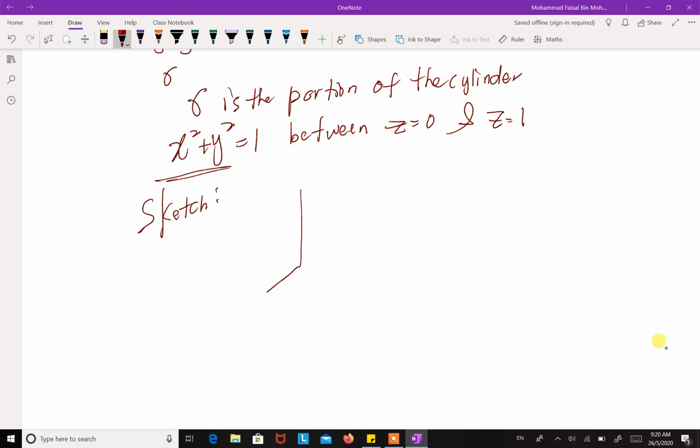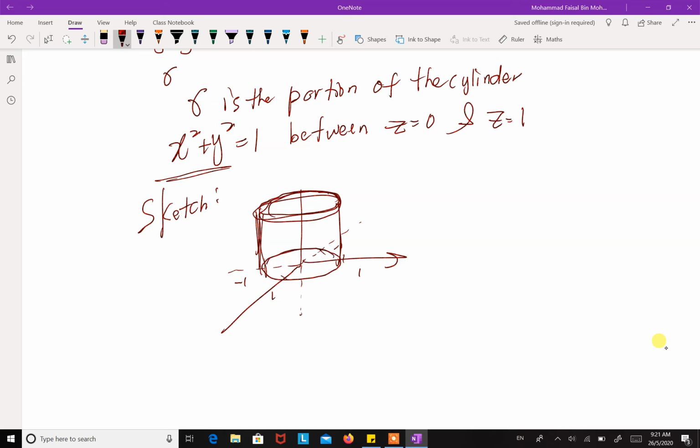So if I draw a circle with radius 1, and then I lift it up and draw another one, then it will become a cylinder.